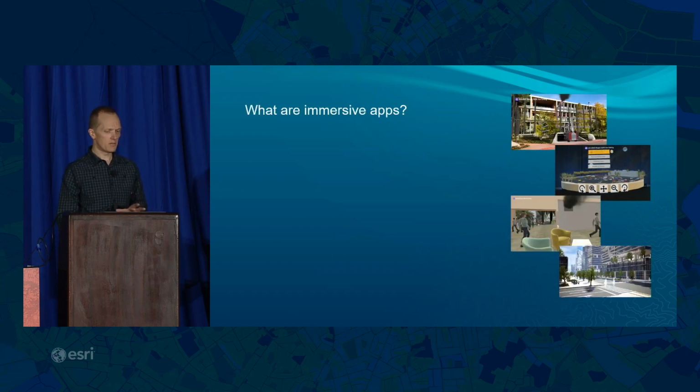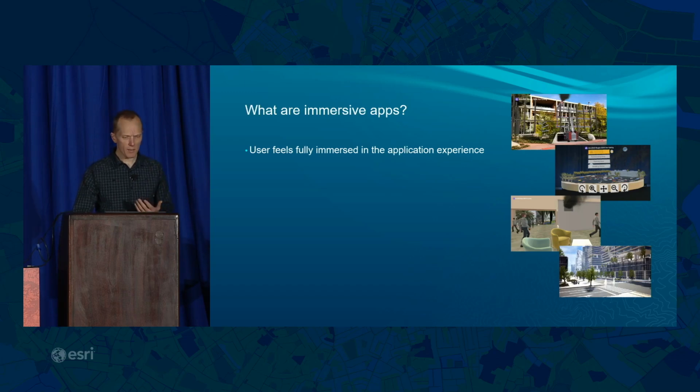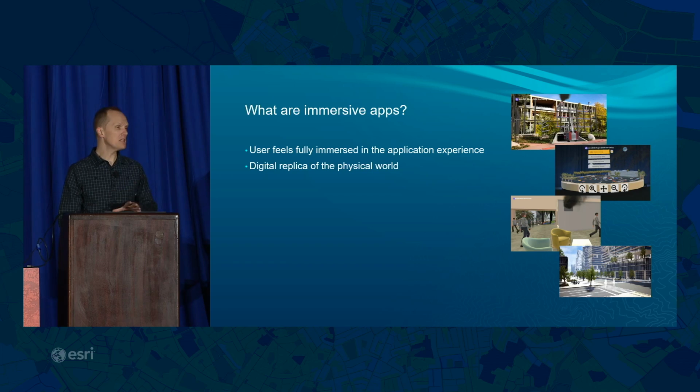So what are immersive apps then? We think about immersive apps as apps where the user feels fully immersed in that experience. So they're applications using technology and techniques to fully immerse the user so much that they begin to feel like it's real life. Fundamental to these experiences is a complete digital replica of the real world, so a digital twin, if you like.